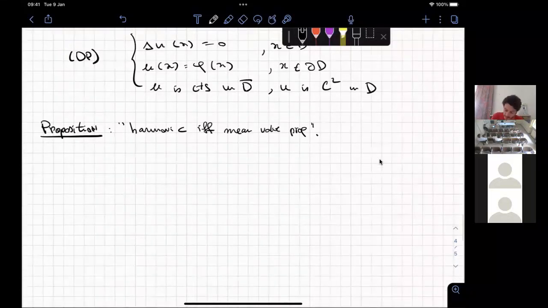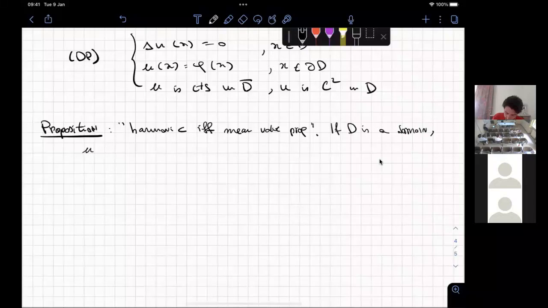Formally, what does it mean? Well, if D is a domain, if U is locally bounded, so whatever that means, then the following are equivalent.